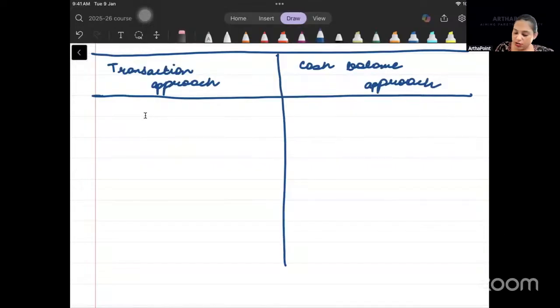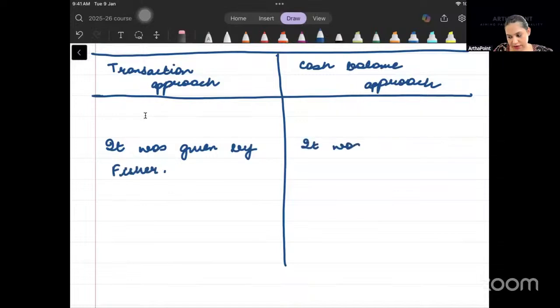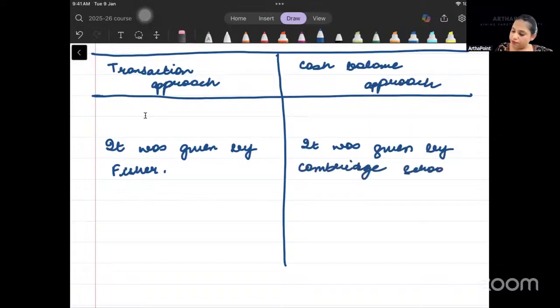Transaction approach was given by Fisher, and cash balance approach was given by Cambridge economists.